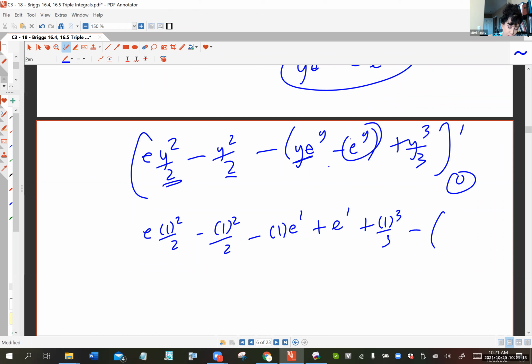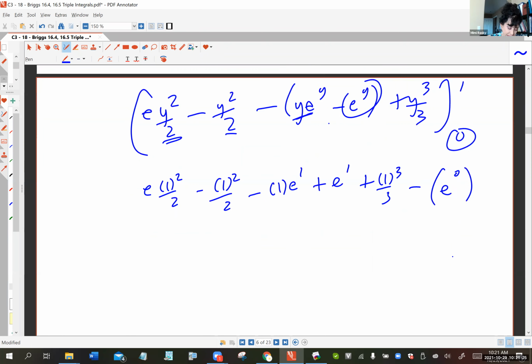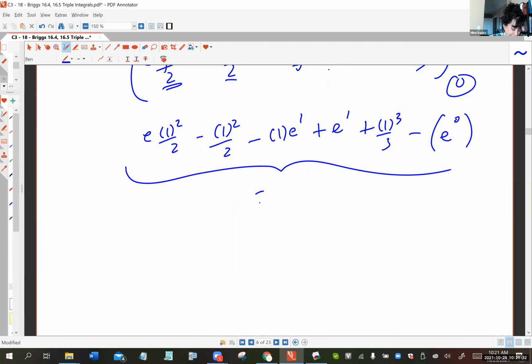But the e to the y is not, so you're going to have e to the 0. And I think that's the only thing that doesn't go away. And so you've got this big mess here, and then you can clean this up. And I claim after the cleanup, just a little bit of arithmetic, these two terms in the middle cancel. Oh, that's nice.